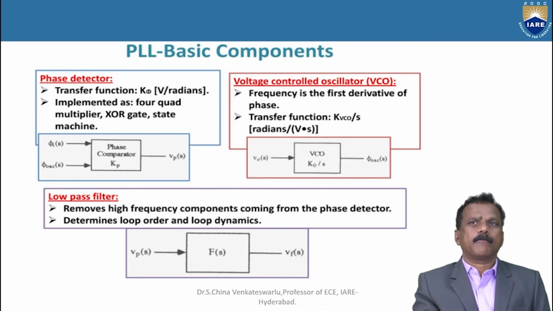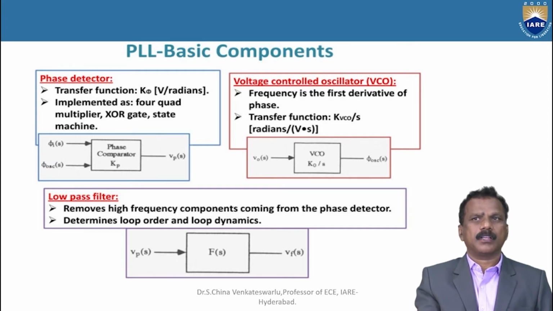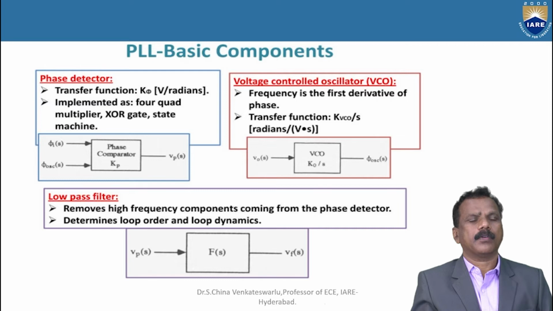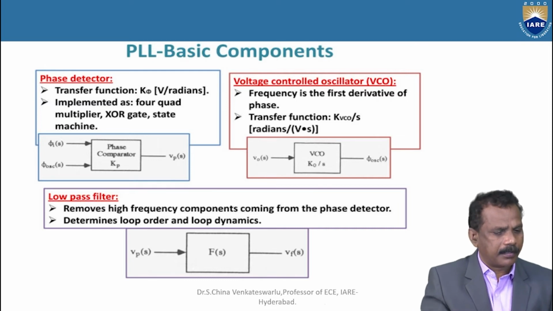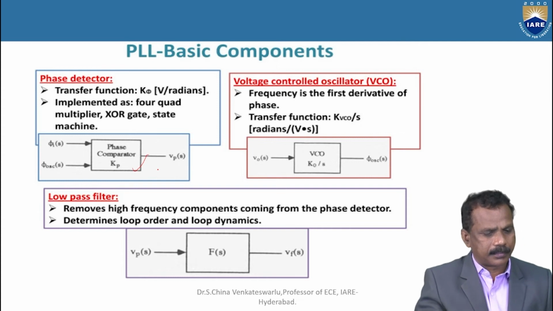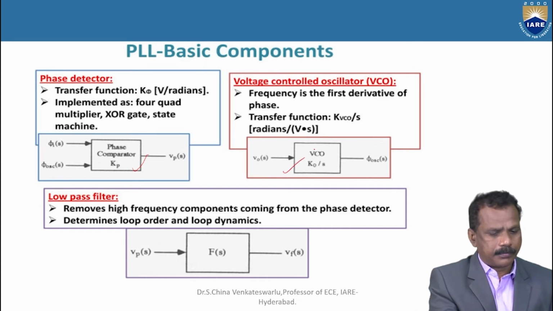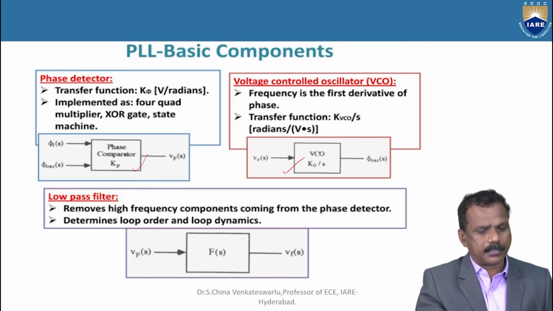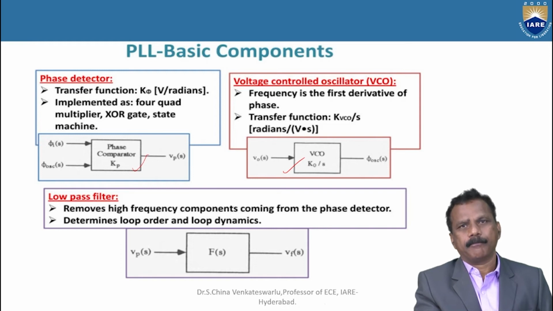Coming to the voltage controlled oscillator, the frequency is the derivative of the phase, with transfer function in terms of radians, and it is connected to the phase comparator Kp with the input like this. So this is the phase detector and VCO.